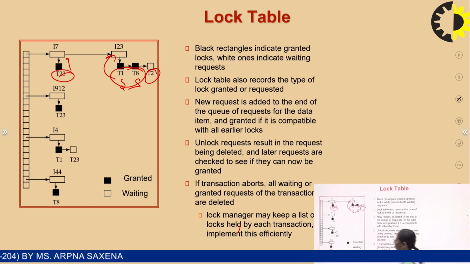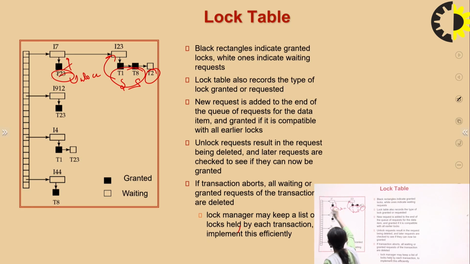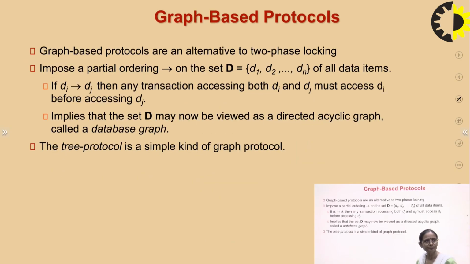For example, it sent the request for unlocking, so here it got deleted from the list. Later requests are checked to see if they can now be granted. If a transaction aborts, all waiting or granted requests of the transaction are deleted. The lock manager may keep a list of the locks held by each transaction to implement this efficiently.